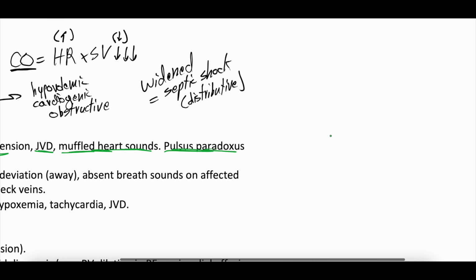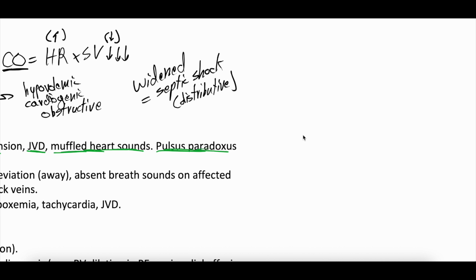Pulsus paradoxus is related to blood pressure, and we did not commit to memory the exact changes in blood pressure, but what happens is when you take a breath in, you spontaneously inhale, that intrathoracic pressure actually goes down, right? Because your diaphragms contract, that decreases the intrathoracic pressure, and then air passively flows into your lungs.